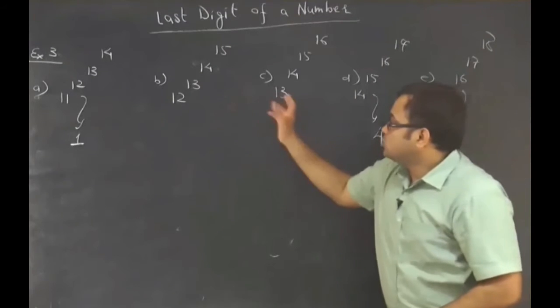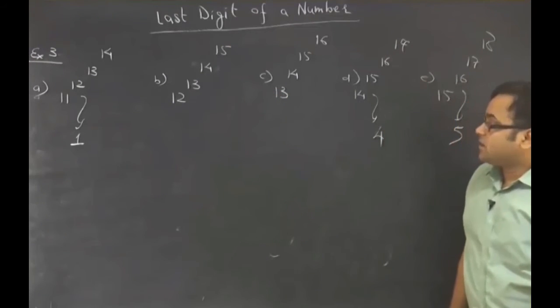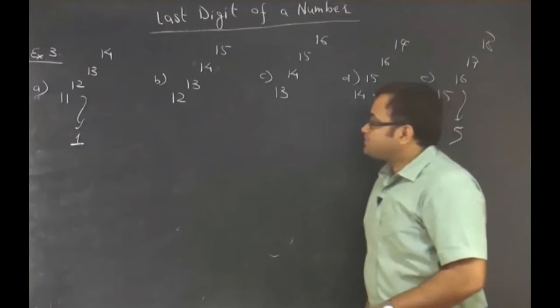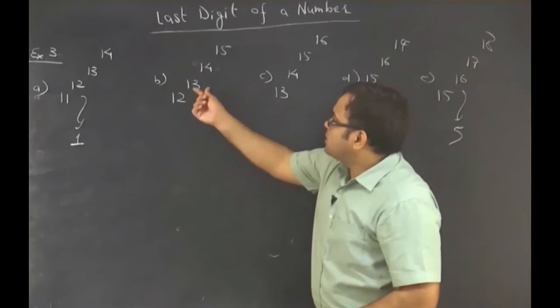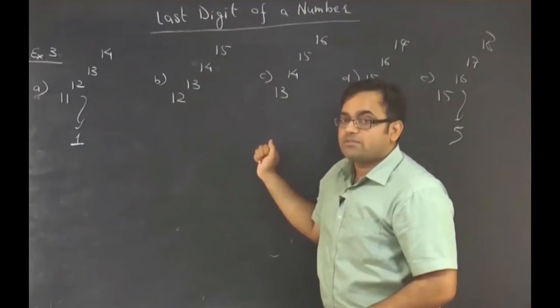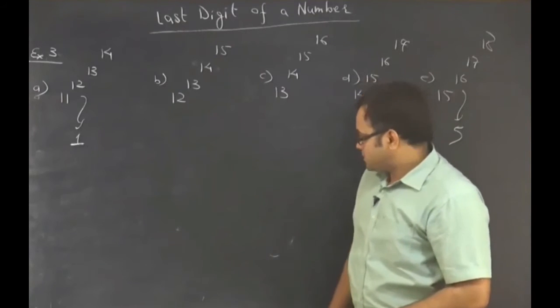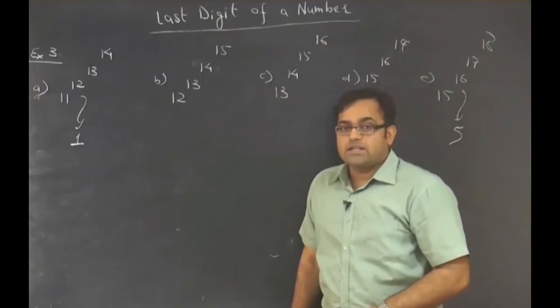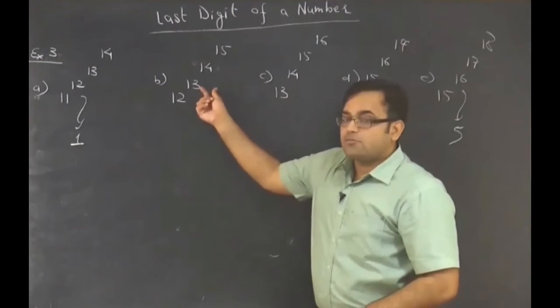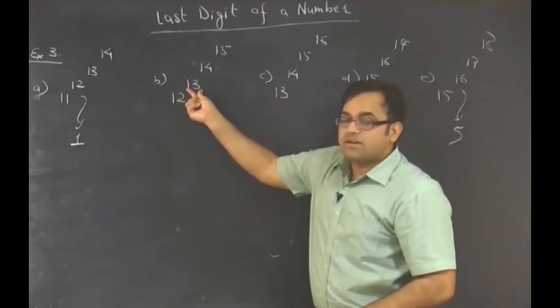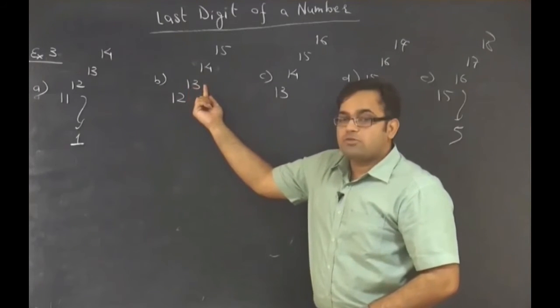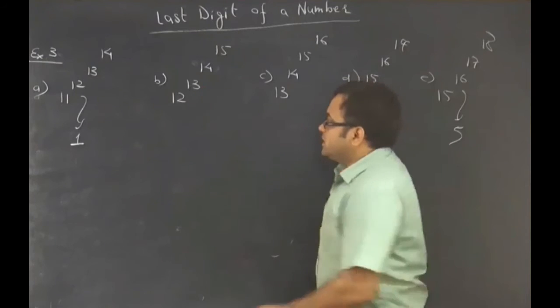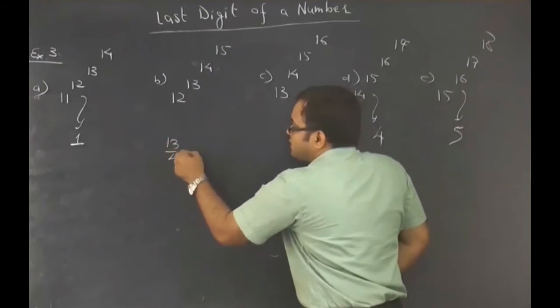Now 2 major ones remain wherein we will need to apply our logic. I'm looking at 12 to the power 13 to the power 14 to the power 15. As far as the method goes, we need to divide the power term by 4 and check what the remainder will be. 13 divided by 4 leaves a remainder of 1.